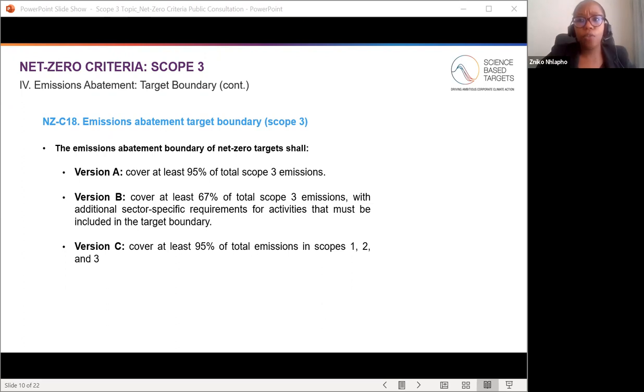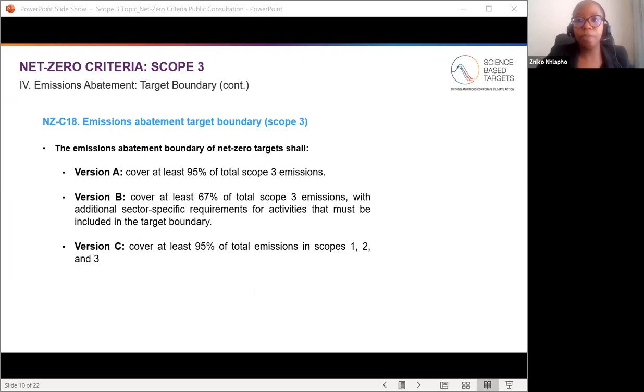And then for version B, this option requires covering at least 67% of Scope 3 emissions with additional sector-specific requirements for activities that must be included in the target boundary. So under this version, companies must cover at least 67%, as I mentioned earlier on, of the Scope 3 emissions, and also meet other sector or activity specific requirements.